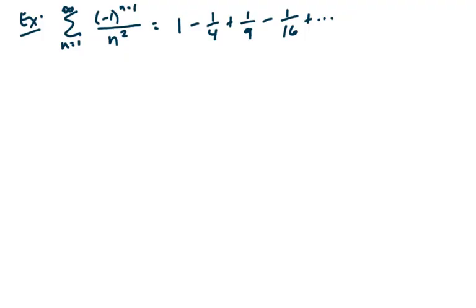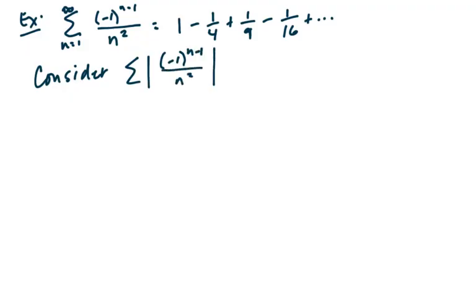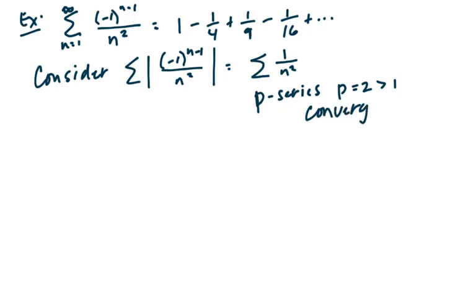So let's consider the sum of the absolute value of negative 1 to the n minus 1 over n squared. Now that means we take out the alternating series part, so we have the sum of 1 over n squared, and that's always positive. And this is a p-series with p equals 2, which is greater than 1, so this is a convergent p-series.